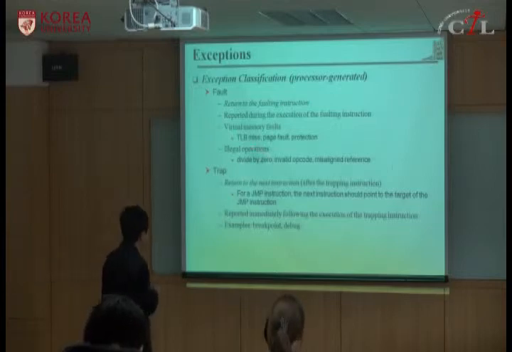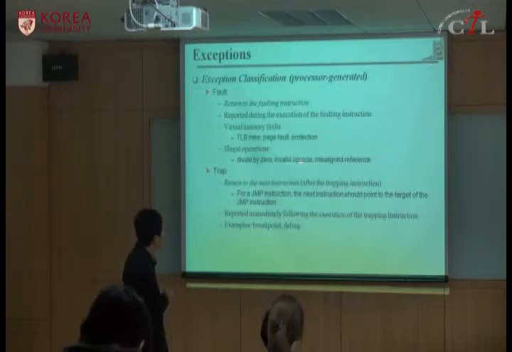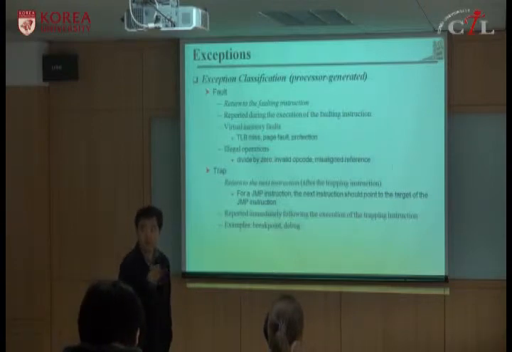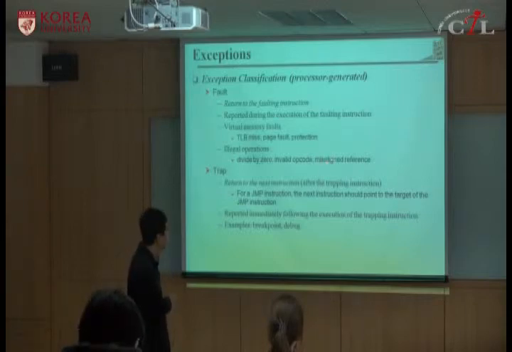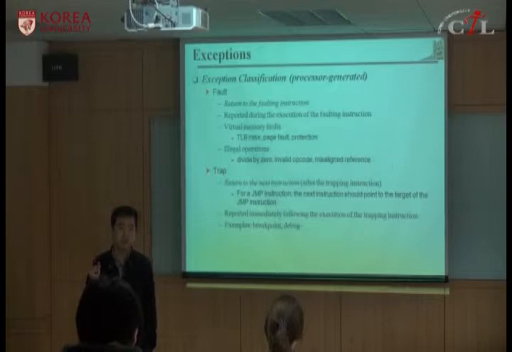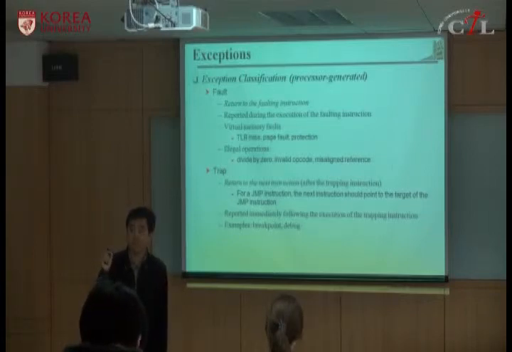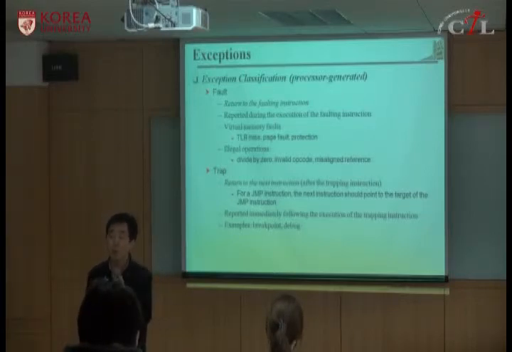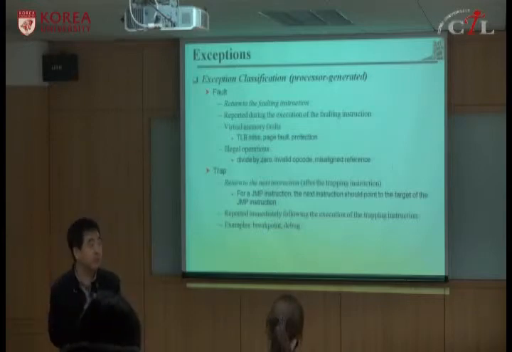And illegal operations such as invalid opcode, some floating point exception, like taking the square root of a negative number, and misaligned reference. Misaligned reference means the memory address generated by the processor is not aligned. Aligned means all the objects in memory should be aligned.